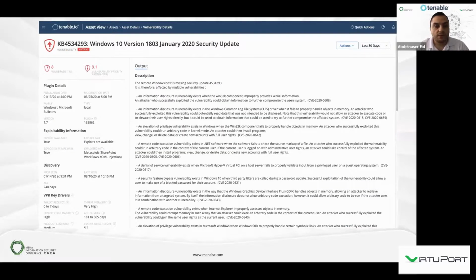At the same time, we can see on the lower side the VPR key drivers. VPR is the Vulnerability Priority Rating. It is a rating that is developed by Tenable. It consumes more than 170 different factors in order to assign a new score for each individual vulnerability.